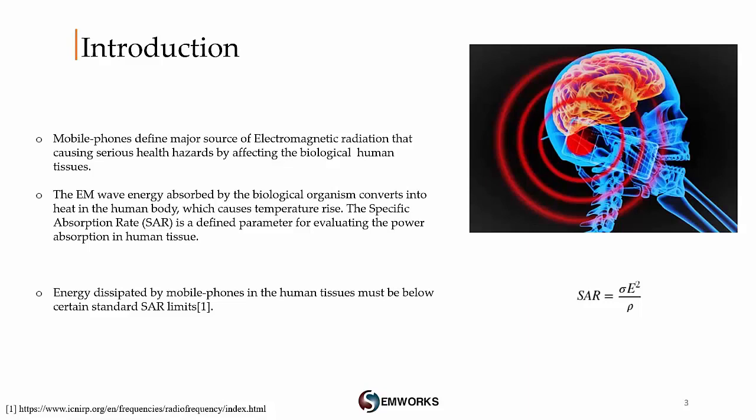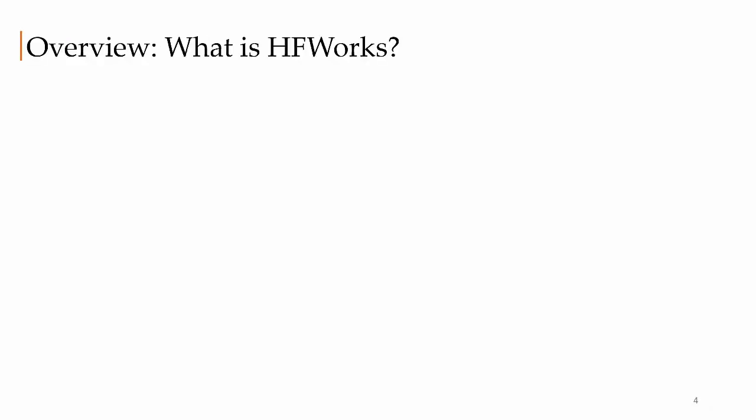These limits are referred to as the specific absorption rate of the phone, which is the measurement of the rate at which energy is absorbed by the human body when exposed to a radio frequency electromagnetic field, and it is measured in watts per kilogram of tissue.